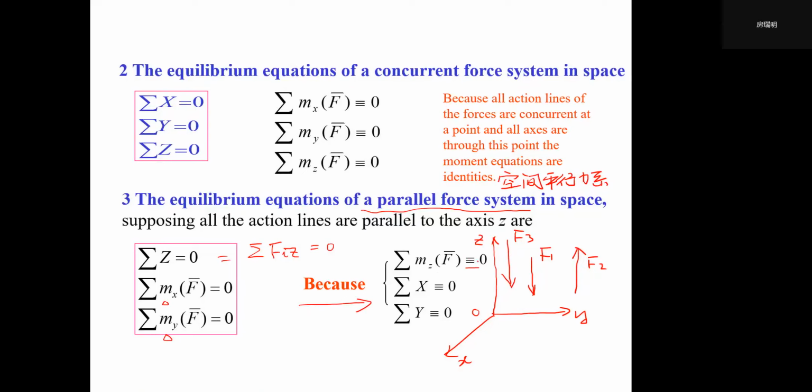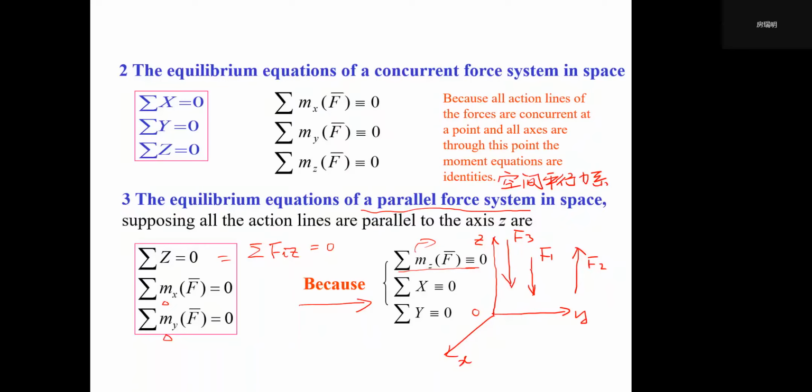Of course, the moment to the axis will be 0. No matter how many forces of this kind there are, all the moments to the axis will always be 0. So this is an identity, always true, of no help to us in finding unknowns, right?